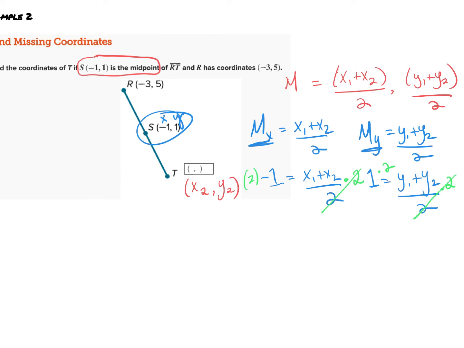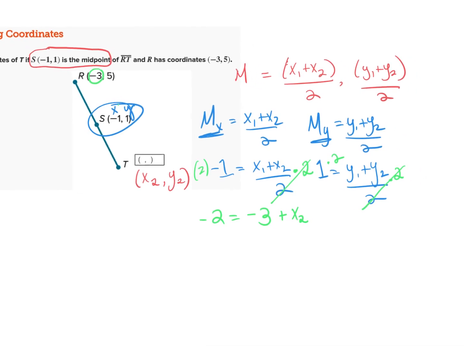And so what I have is -2 equals, now x1 is my R value, so that's -3. And we're solving for our x value of T, or our x2. Here for y, we're going to get 2 equals, our y value is 5. We're solving for our y2, which is represented by point T.